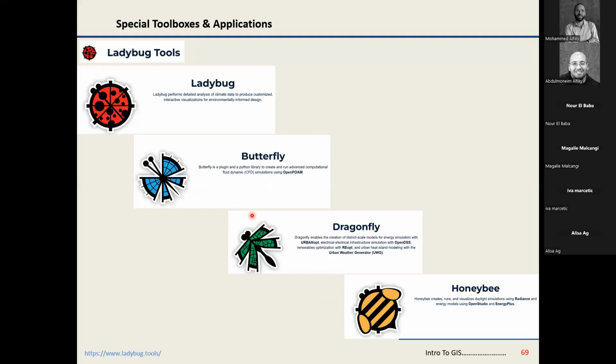There are many. Those are some of the Ladybug plugins that work with Grasshopper, but there are other plugins outside of that that also go with Grasshopper and also offer a great variety of work.